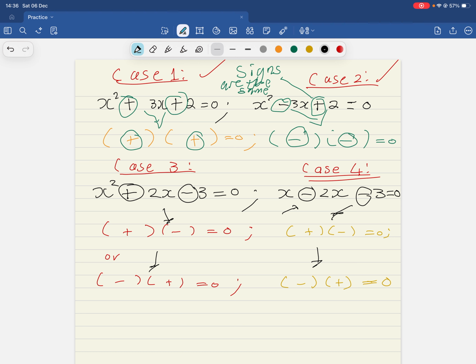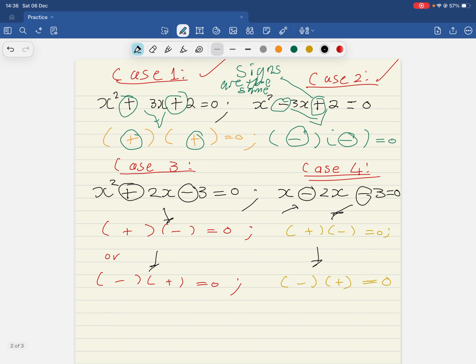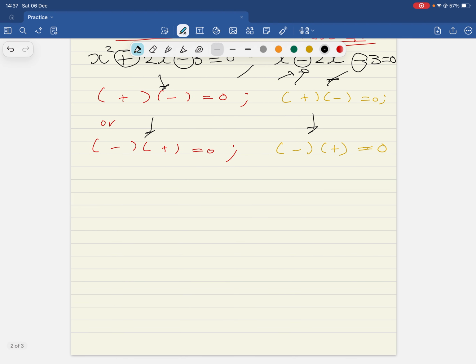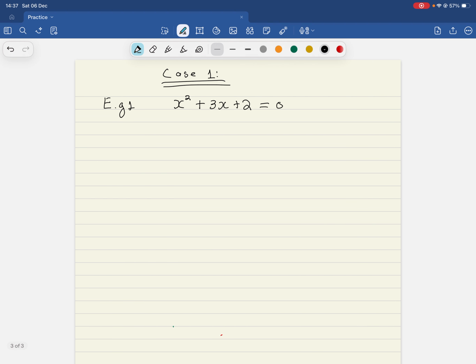So what does that mean? It means, for example, if you have two factors, your bigger factor is positive and the smaller number will be negative, whereas this one over here, the negative, tells us that the bigger number is negative and the smaller number is positive. Okay, so let's put this into action and go on to the first example, case 1.